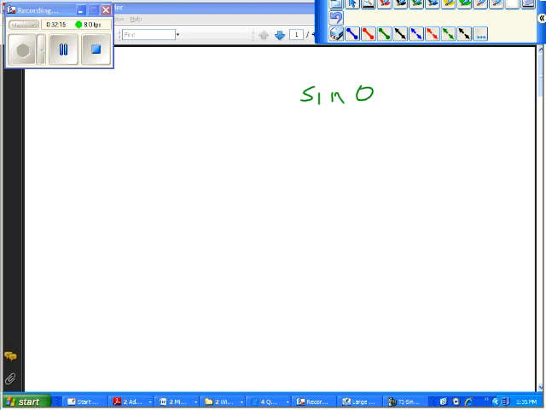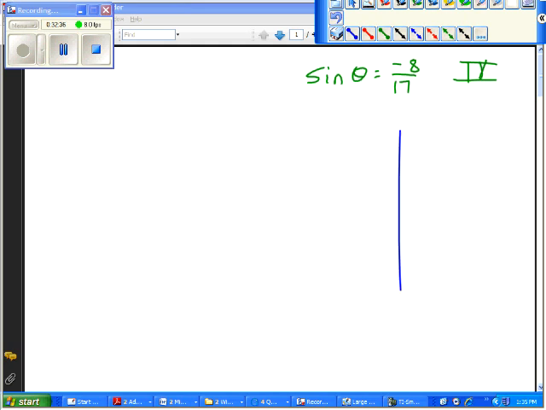It gives us that sine of theta is equal to negative 8/17, and we are in quadrant 4. Now, we want to draw a picture, just so we can say we did. What we've got is we're in quadrant 4.